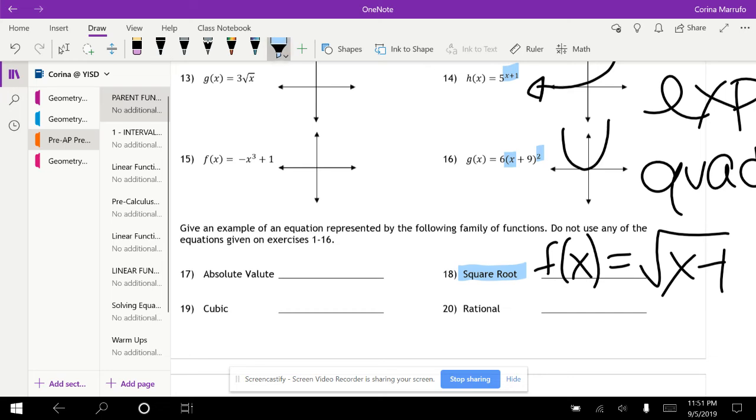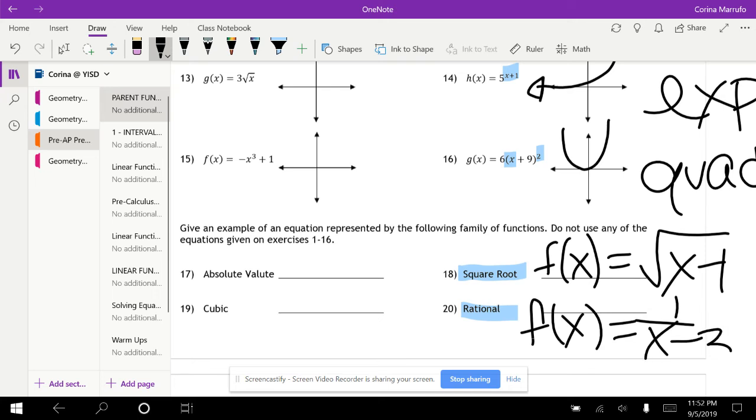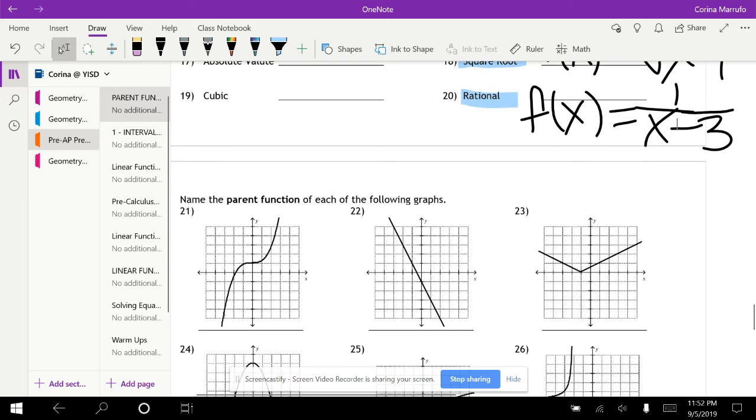A rational. Rational means that it's going to have a fraction in there. So we're going to do f of x equals 1 over, and I'm not just going to put x, I'm going to have to add something. So I'm going to put x minus 3. And that's just an example of a rational function.